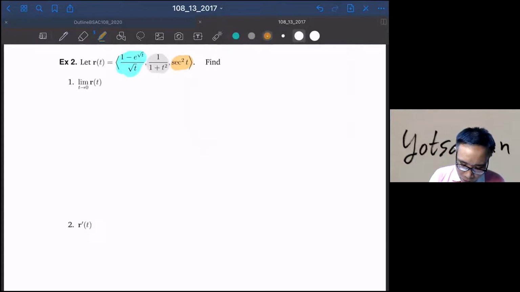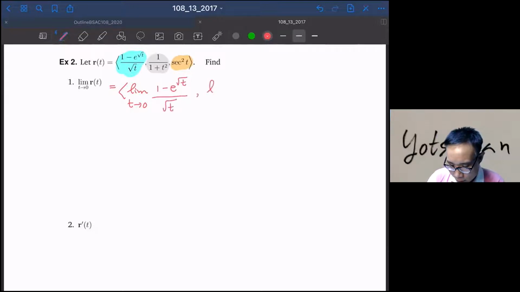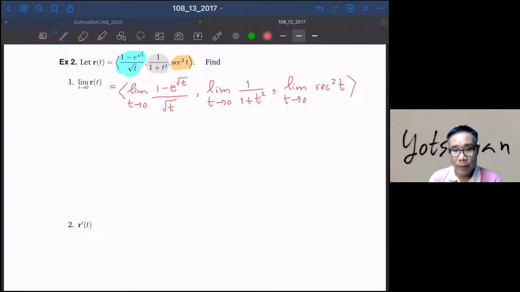You take the limit of each term: the limit as t goes to 0 of (1 minus e to the root t) over root t, the limit as t goes to 0 of 1 over 1 plus t squared, and the limit as t goes to 0 of secant squared t. Then you just compute these limits.